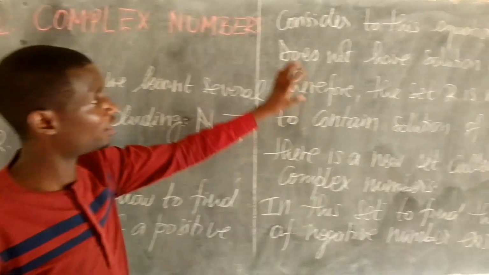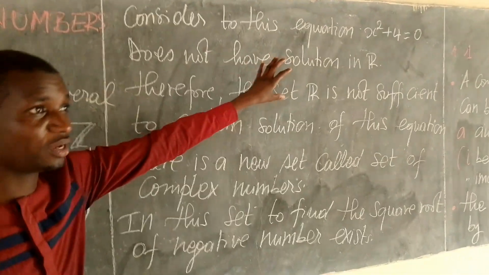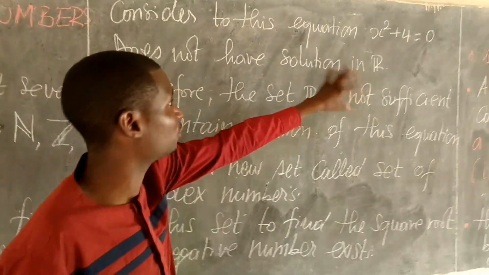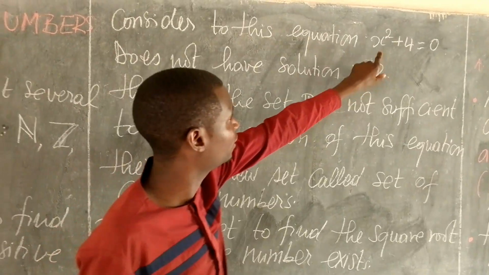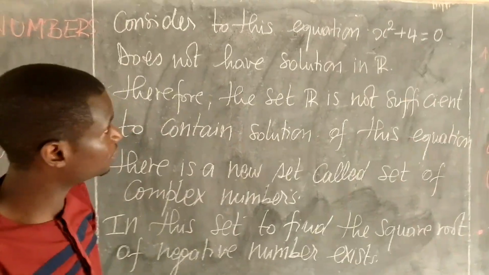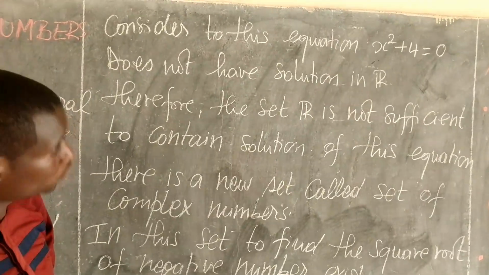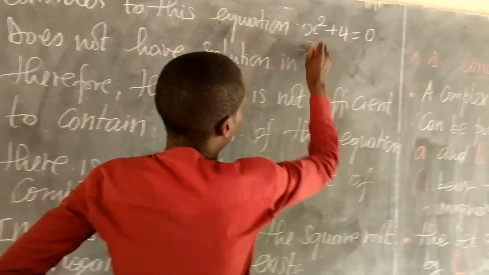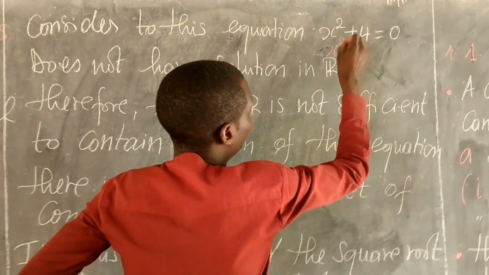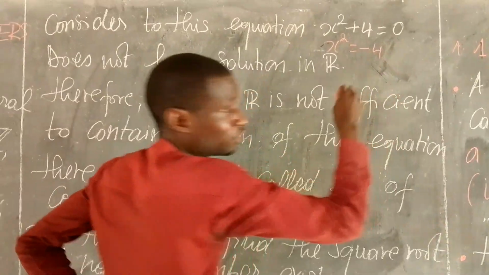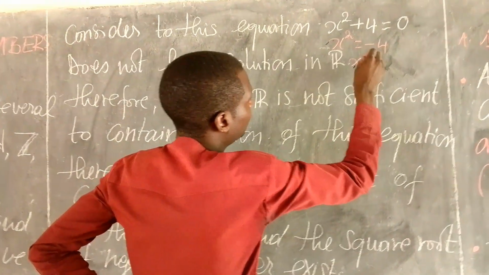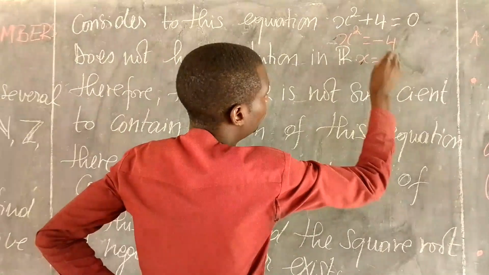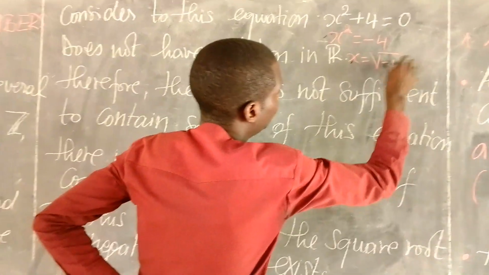Here is an example of an equation. Consider the equation x squared plus 4 equals 0. It means that x squared equals negative 4, so to find x, x equals the square root of negative 4.